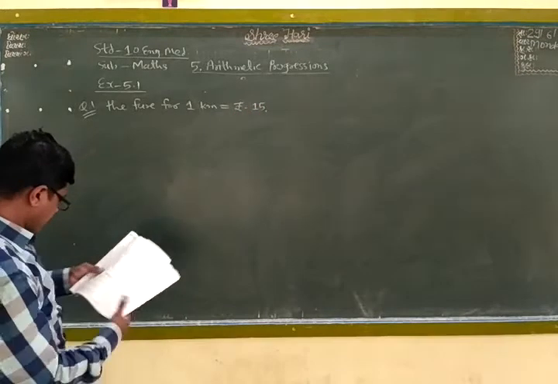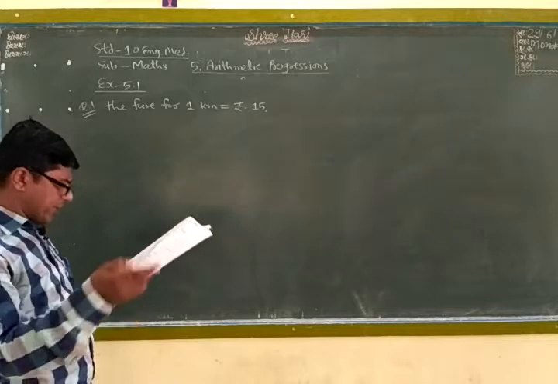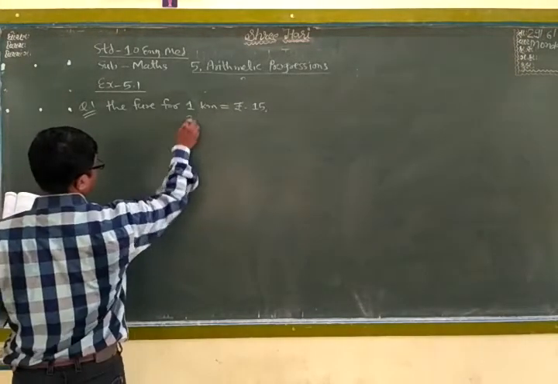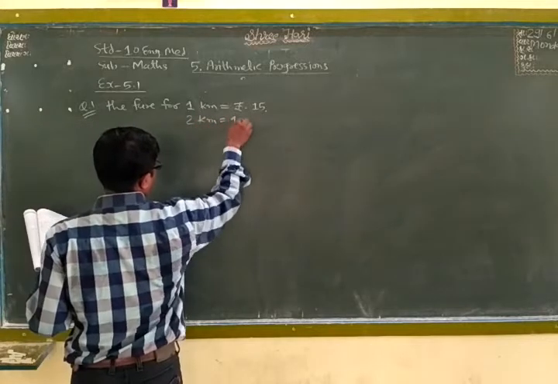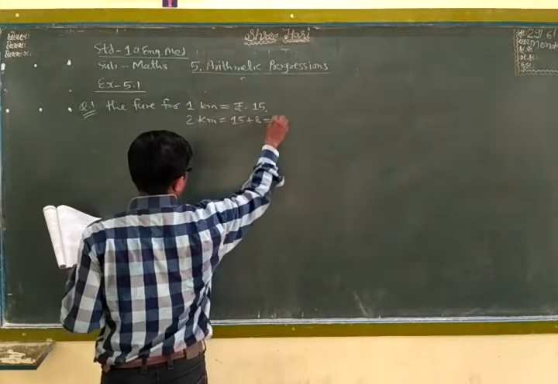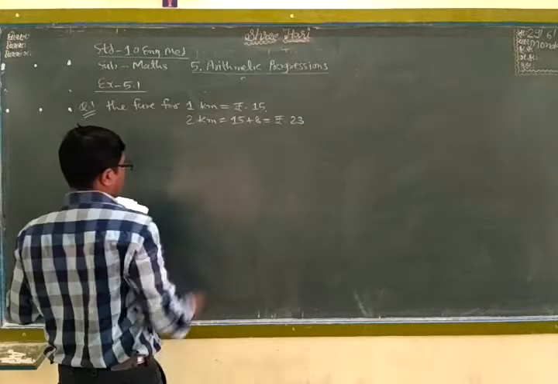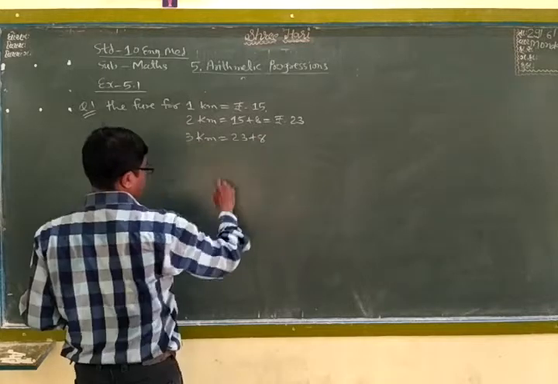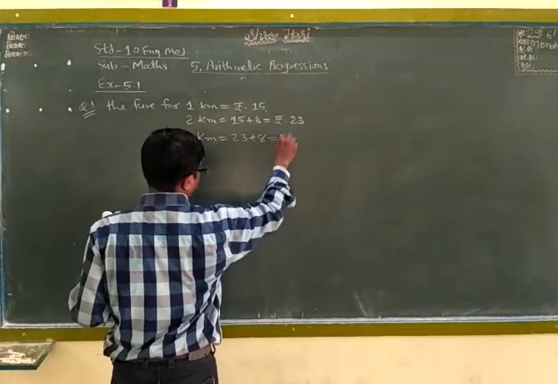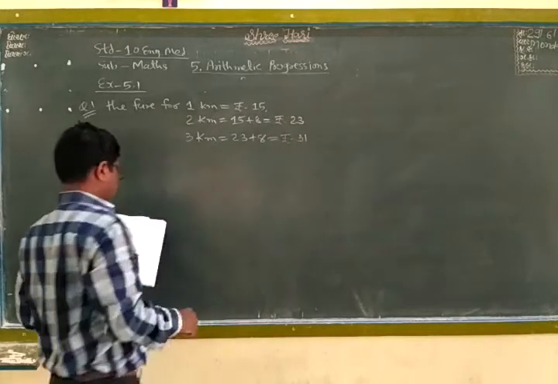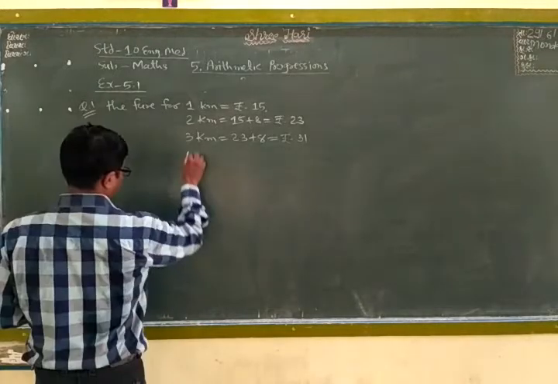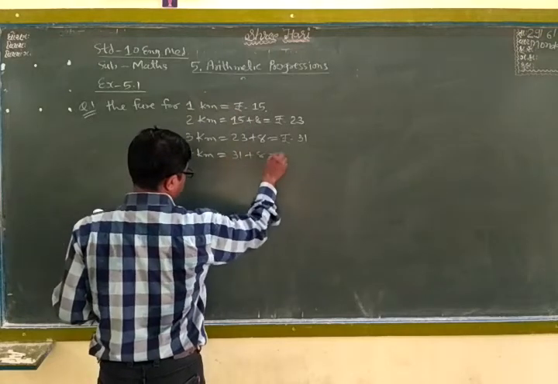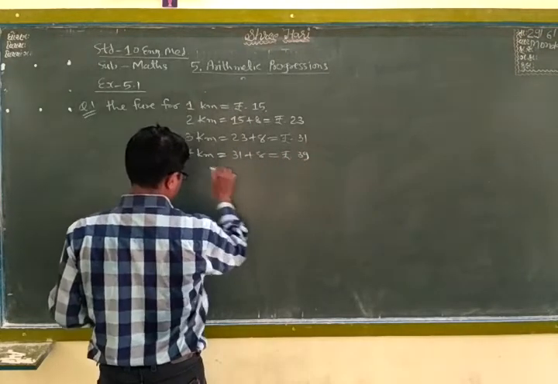After that add 8 rupees. So for the second kilometer, 15 plus 8, so rupees 23. Third kilometer, 23 plus 8, so rupees 31. Same way, 4th kilometer, 31 plus 8, so rupees 39, and so on.